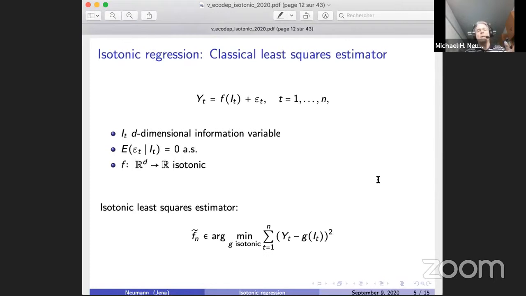So the classical approach to estimate this function f is given by the so-called isotonic least squares estimator. This is just a usual least squares estimator with the additional side condition that all candidate functions g have to be isotonic.